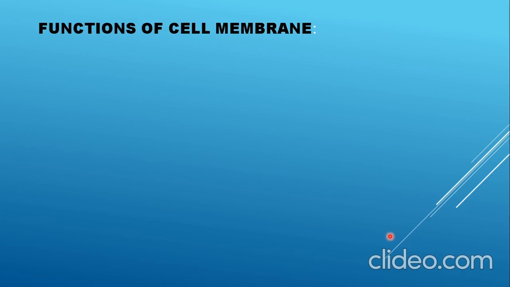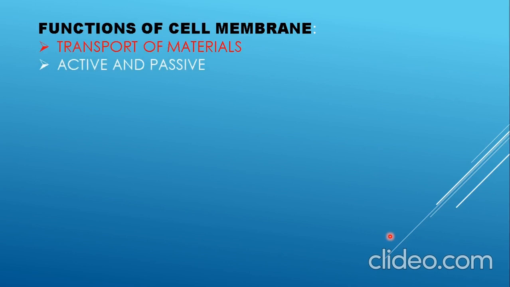Then the functions of the cell membrane: they help mainly in transport of materials. There are two types of transport, that is active and passive. Active is that which requires energy, and passive is that which does not require energy. Passive transport is comparatively very simple.